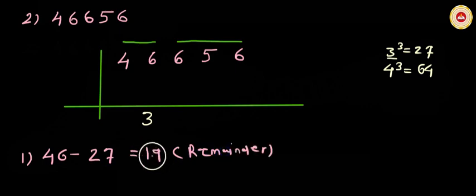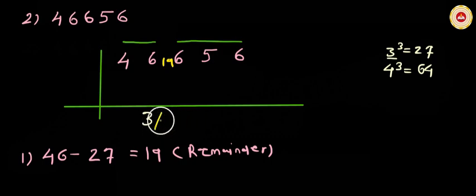Write remainder 19 as a prefix to the next digit in the given number. What is the next digit? 6. Now read this as 196, which is our dividend. Now let us separate this 3 from the rest of the quotient digits, and now let us calculate the divisor.